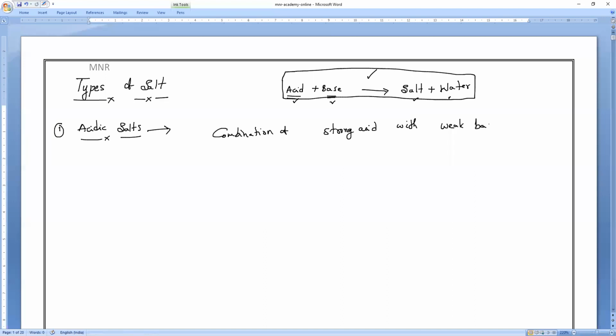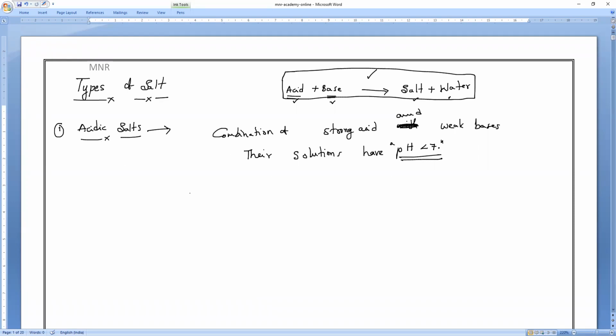Then automatically the solution pH will be less than 7, acidic in nature. That is what we call acidic salts.